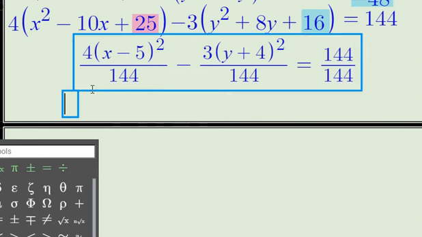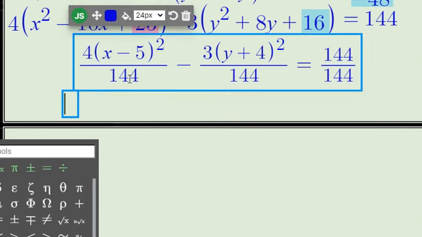So 4 divided by 144 is actually 1 over 36.